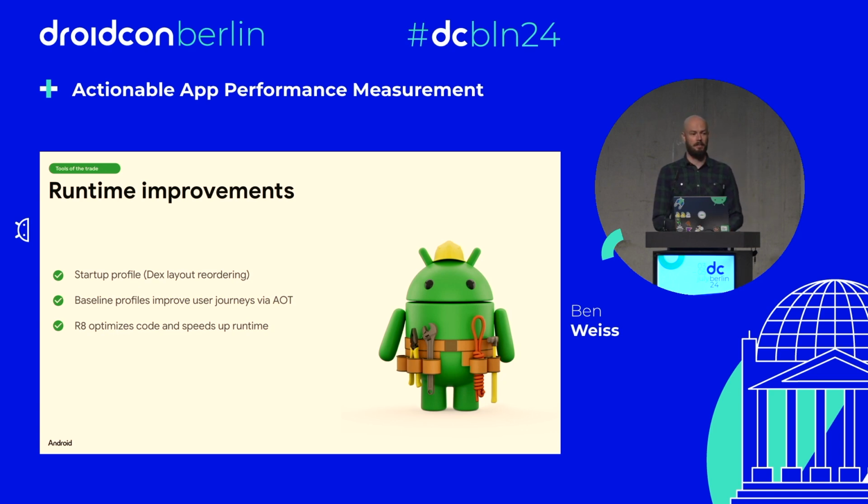Use R8, because it has a huge impact on the performance that you will see at runtime for anything that's unbundled. So all the code that you write, all the libraries that you bring in, all the AndroidX libraries, even Compose. If you held off using Compose because you think there's a thing with performance, you have probably used it in a debuggable build or you haven't enabled R8 properly.